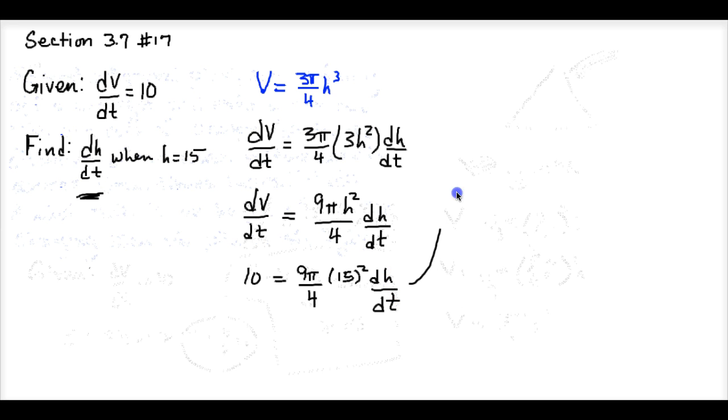So we're going to solve this. We end up with 10 is equal to 9 pi over 4 times 225 dh over dt.